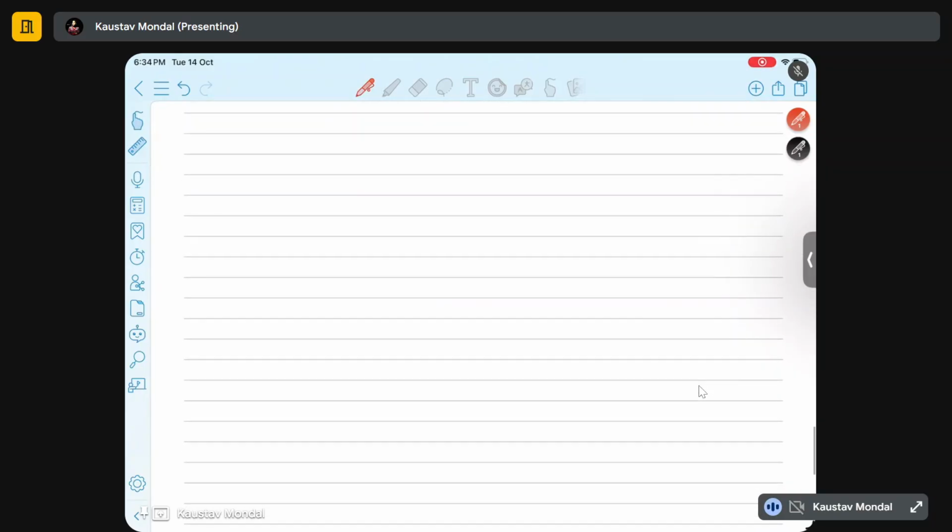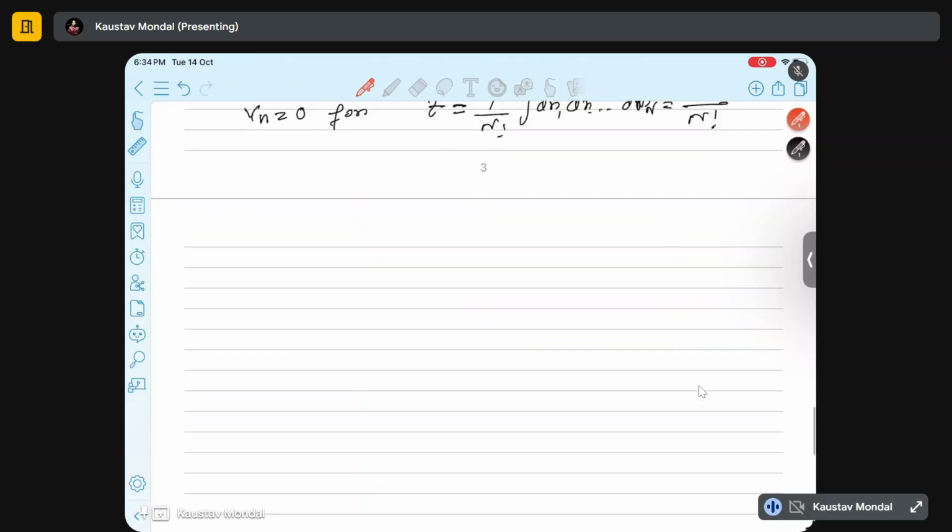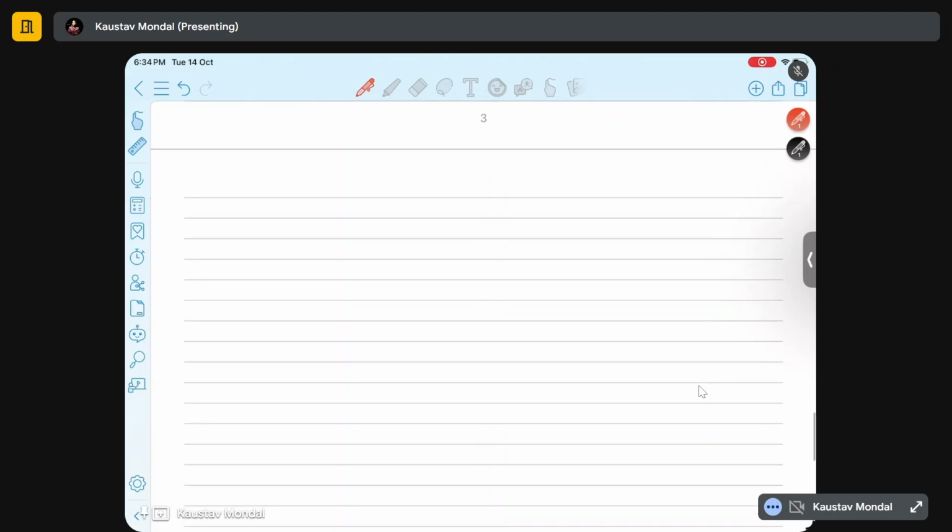Now let's take a pair potential kind of a potential. Okay. So for the time being, consider the pairwise interaction.